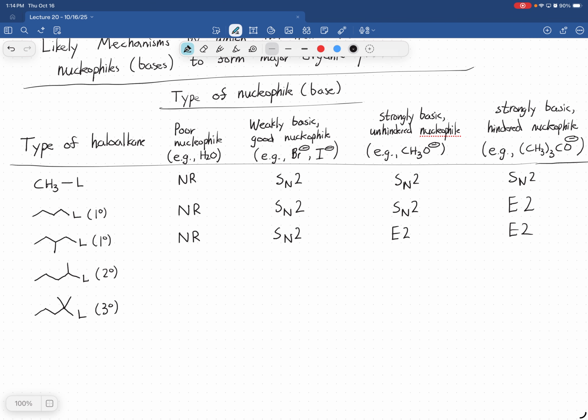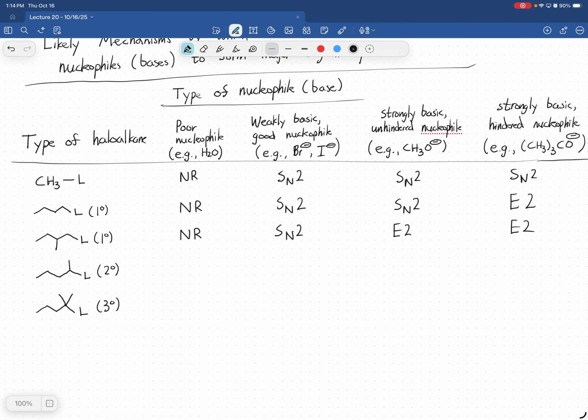All right, now we get to secondary. So this is where there's a gray area. So for a poor nucleophile, you get two situations. A slow, all right. Was it SN1 or SN2? Yeah, so SN1 only happens with poor nucleophiles.